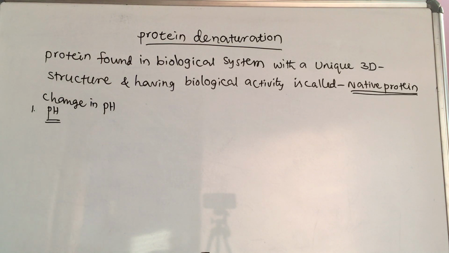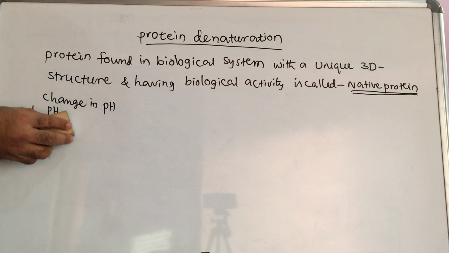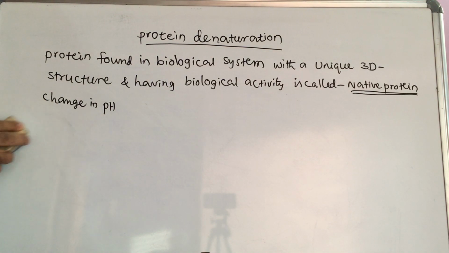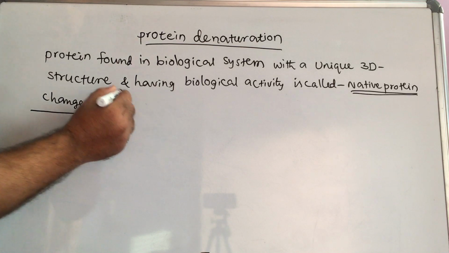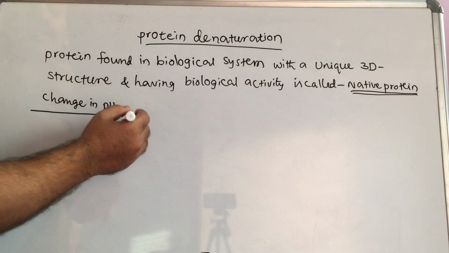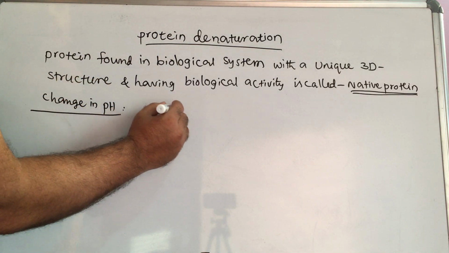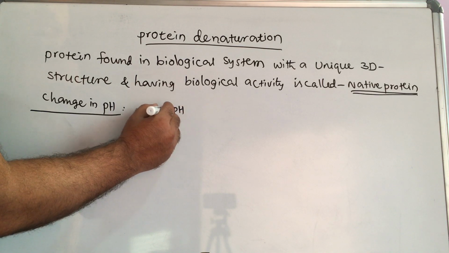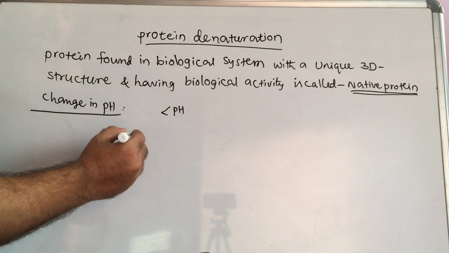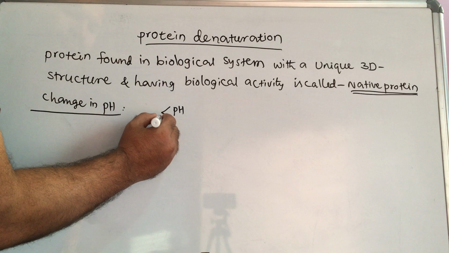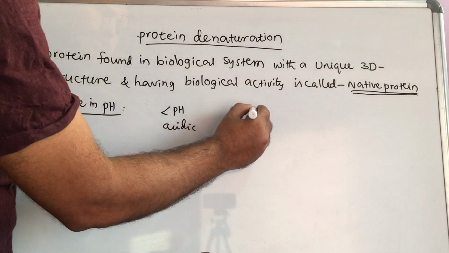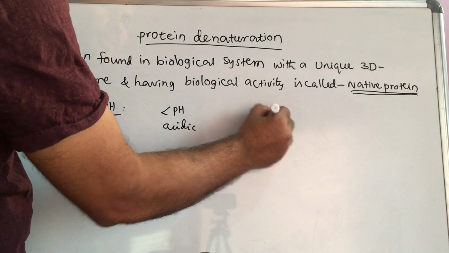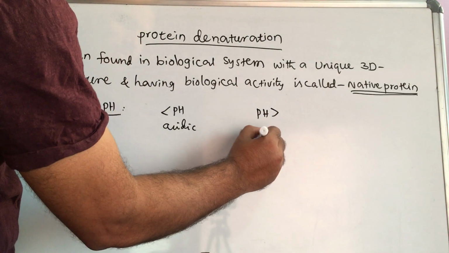At normal condition, consider a neutral condition, a protein exists and exhibits its biological activity. Then we can change the pH: one is pH less than that, which is an acidic medium, and another is pH greater than that, which is called basic.